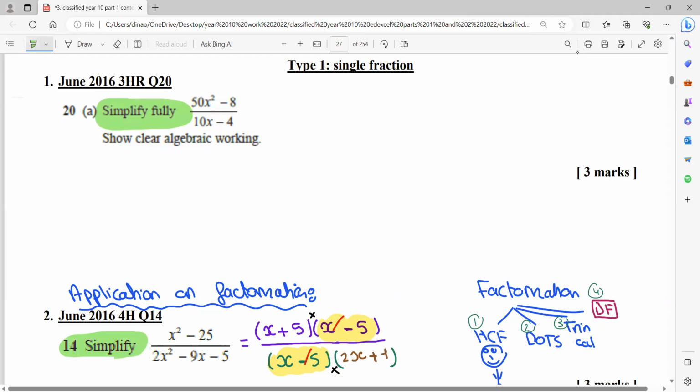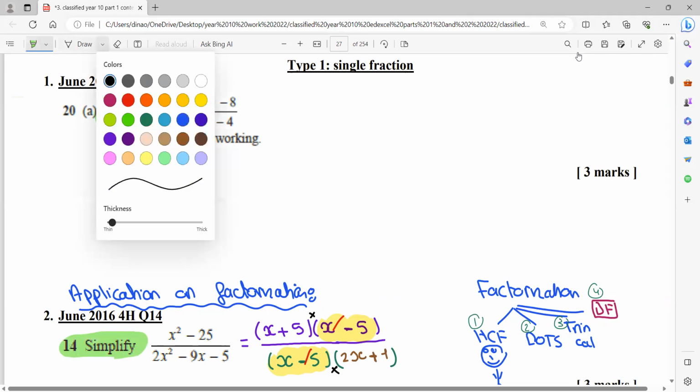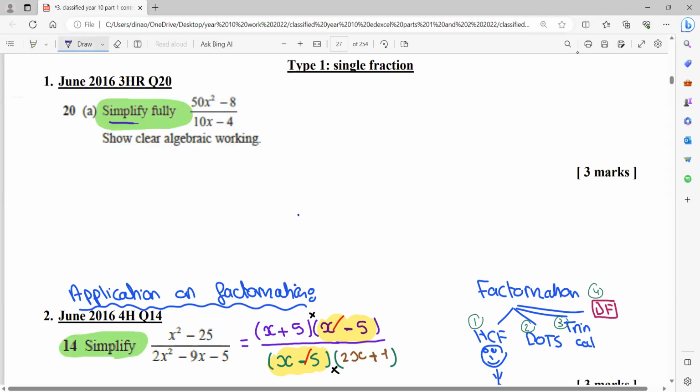These small things are what let me distinguish between ordinary factorization questions and questions that may have double factorization. So again, I want you to look at the difference between the questions. The first question says simplify fully. The word fully might be, I confirm again, might be an indication of double factorization. While simplify means I don't need to factorize twice, but that too might not hold. So I pay attention to these small things.